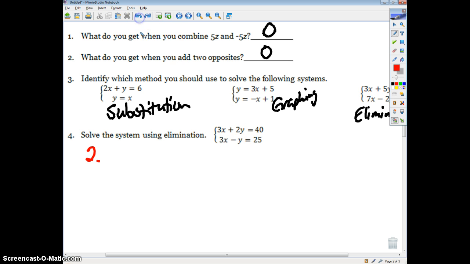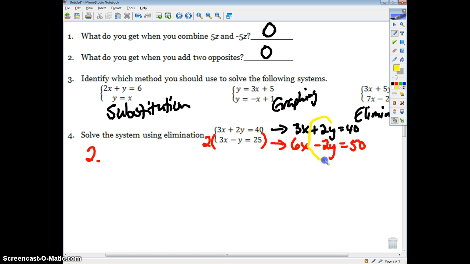So what that means is we're going to multiply the bottom equation by 2, giving me 6x minus 2y, and that is going to equal 50. Remember, make sure you multiply everything by that number. Okay? And we didn't do anything to the top equation, so I am just going to rewrite that. Now, notice we have our plus 2y and our minus 2y, which means when we add these together, we get 9x equals 90. Divide out the 9, and we find out that x equals 10.